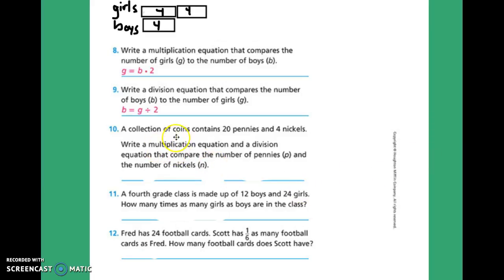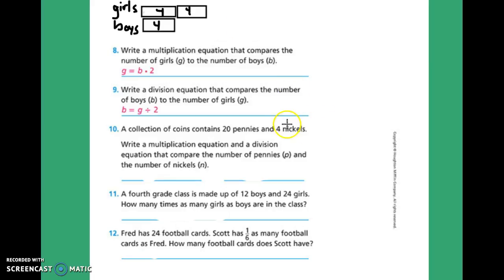It says a collection of coins contains 20 pennies and 4 nickels. Write a multiplication equation and a division equation to compare the number of pennies and the number of nickels. So first I'm going to go ahead and draw my comparison bar. And this one might be a little bit more tricky, but we'll go ahead and try to draw it.